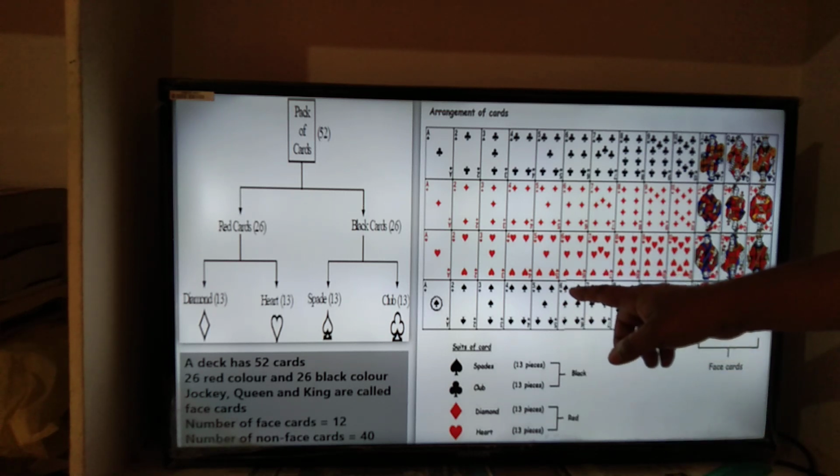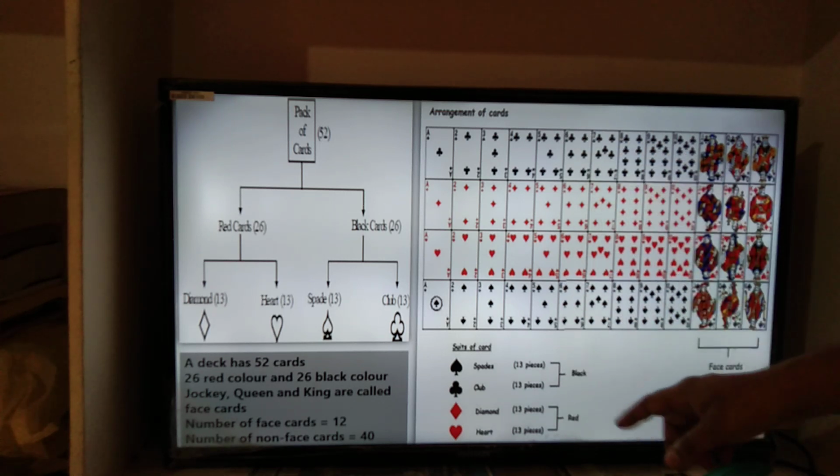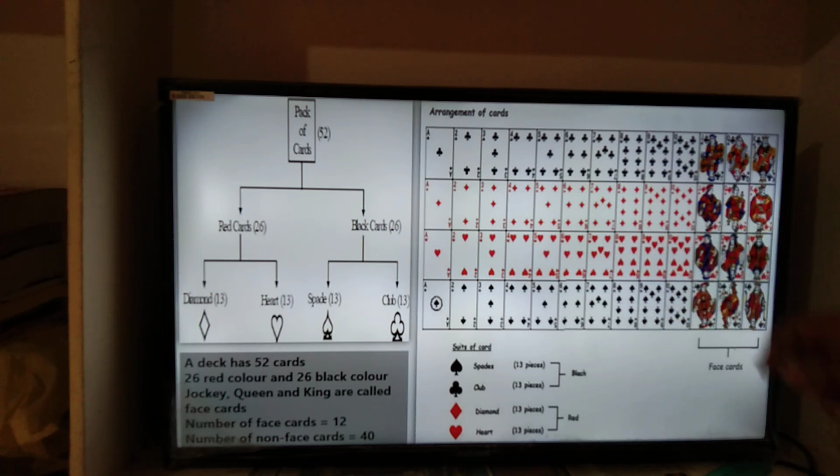Spades and clubs are black in color, diamonds and hearts are red in color. So here you can see Jack, Queen, King, this 1, 2, 3, 4, 5, 6, 7, 8, 9, 10, 11, 12. They are called face cards. Remaining all are non-face cards. We have 6 red face cards and 6 black face cards as well. So this is about face cards.